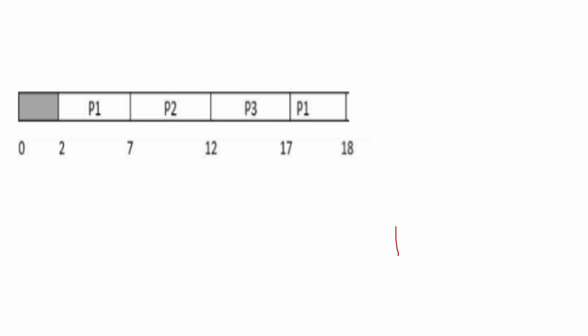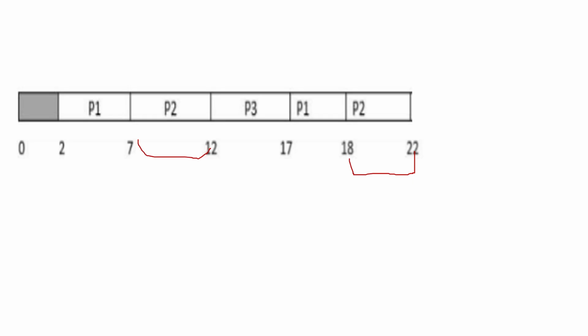How many milliseconds of work does it have for IO? 2 milliseconds. So it will be there for 2 milliseconds doing the IO. Next, who will come? P2. P2 has only 4 milliseconds of balance work, in total 9, already 5 over here.